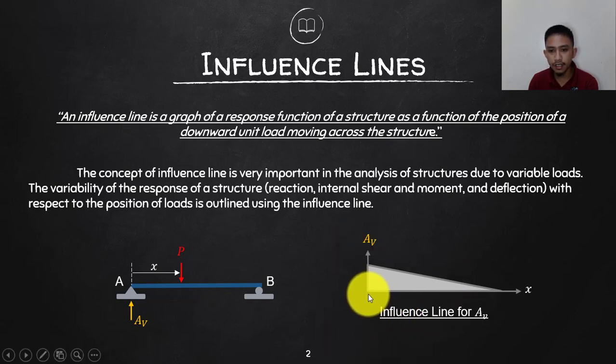So we can say that we will have that maximum AB if your P is at the point A itself. Okay, that is the maximum given this influence line.